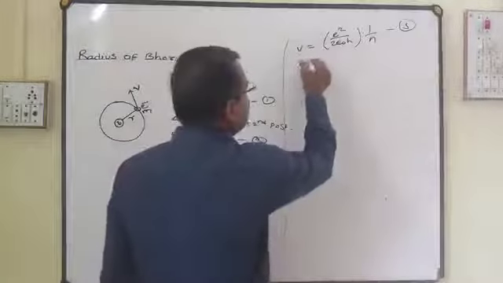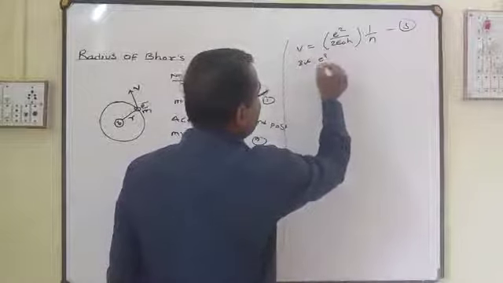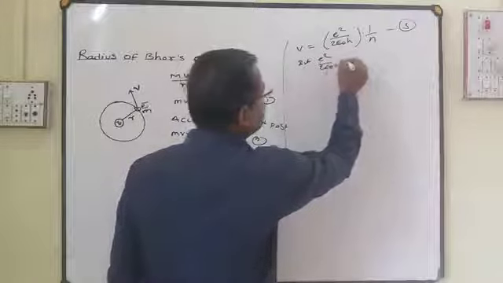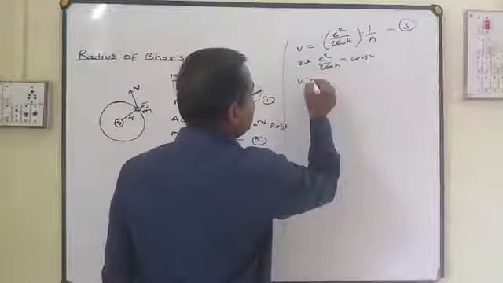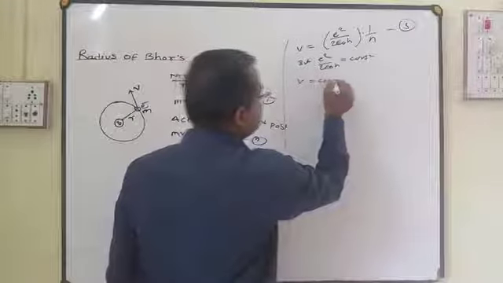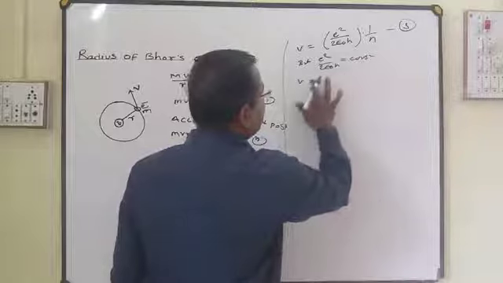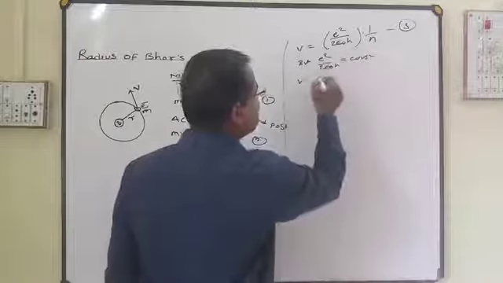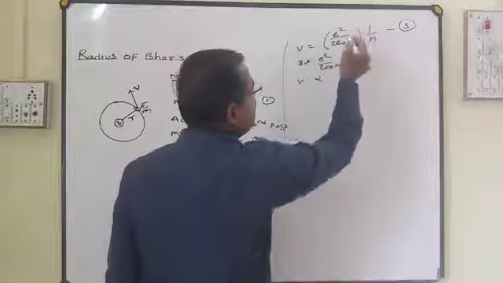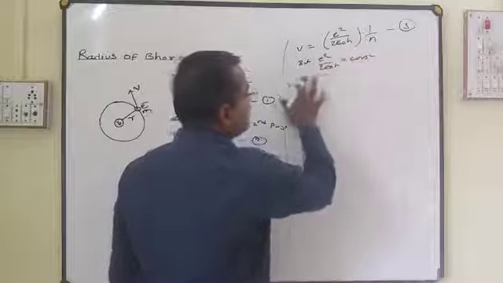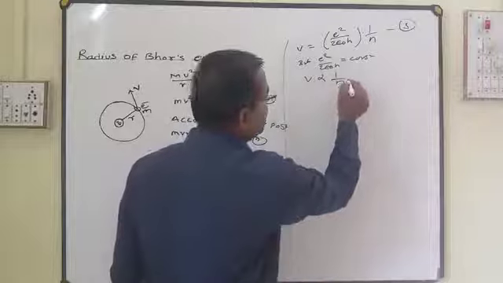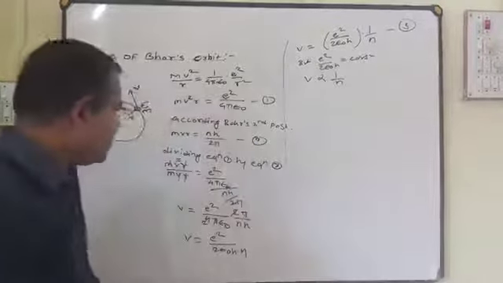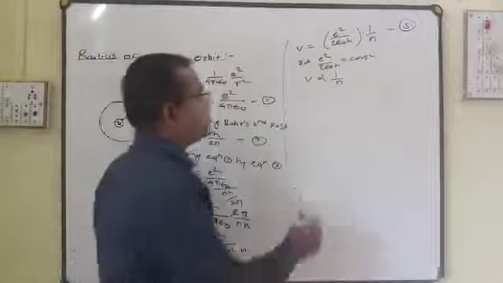But e square divided by 2 epsilon naught h is equal to a constant. Therefore v is inversely proportional to n. If all these terms are constant, we can say that the velocity of the electron is inversely proportional to the principal quantum number.